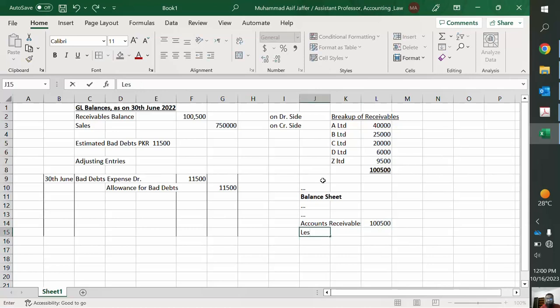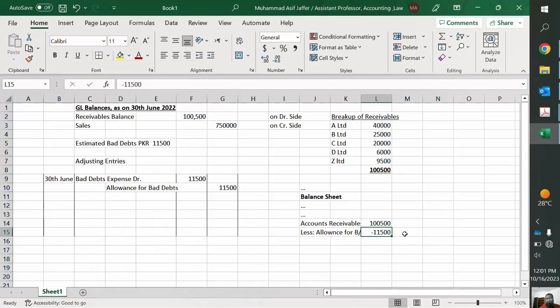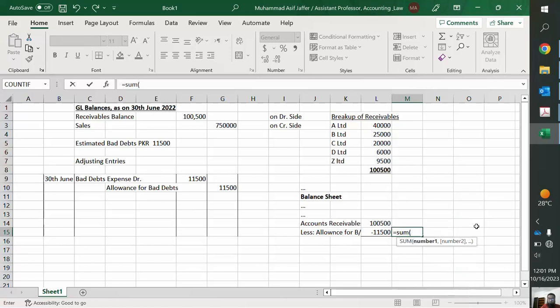Then we will show less allowance for bad debt, which is a credit balance, so it has to be deducted from the debit balance. We show it with a minus sign, and usually in accounts we don't show the minus sign, we show brackets. Anyway, I'm not formatting it with brackets for now. And this is my total balance of account receivable, which I'm going to show in my balance sheet.